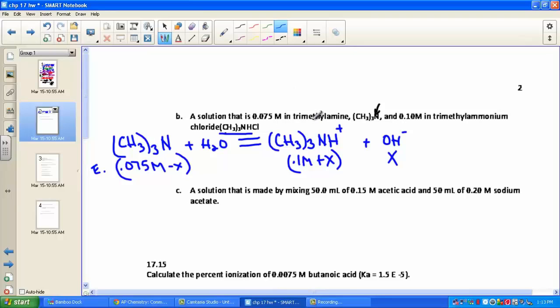Well, we need a Kb value for trimethylamine. Appendix D, the Kb value, do you see it written here? 4.4 times 10 to the negative 4th power.